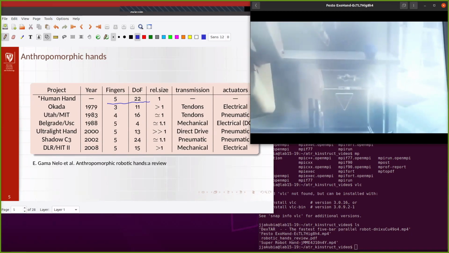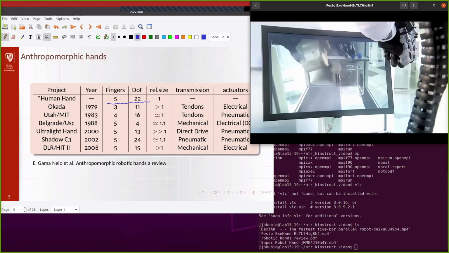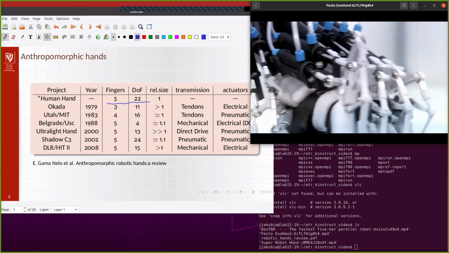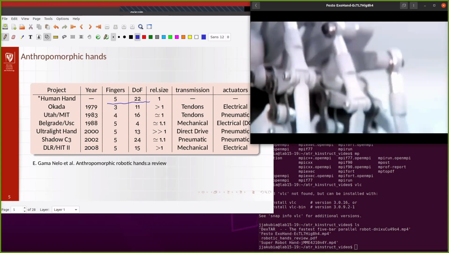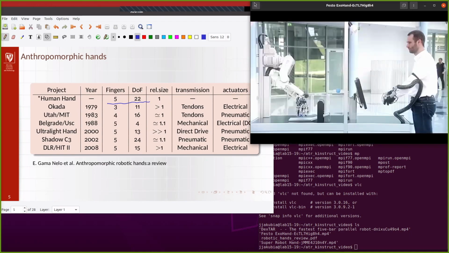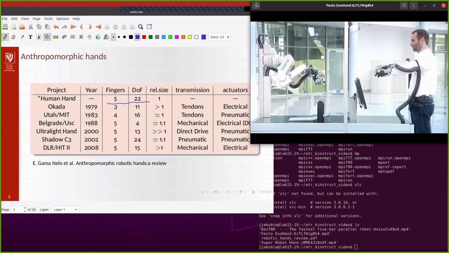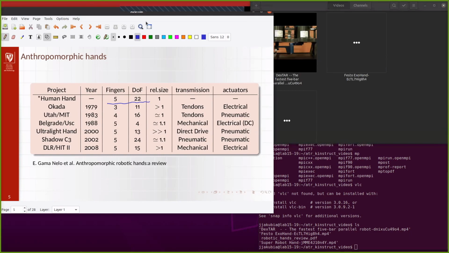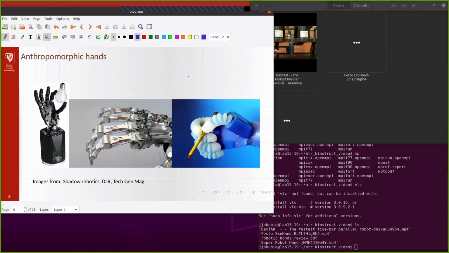So please just notice that although they were separated, the tree structures and the closed loop structures, in fact, you can also have solutions that combine the two. If someone wants to see, those are just videos that are available on YouTube. Just look for the Festo ExoHand and you will be able to see what the capabilities are.